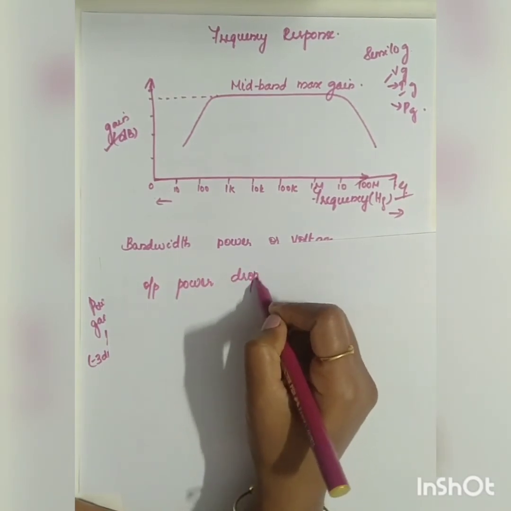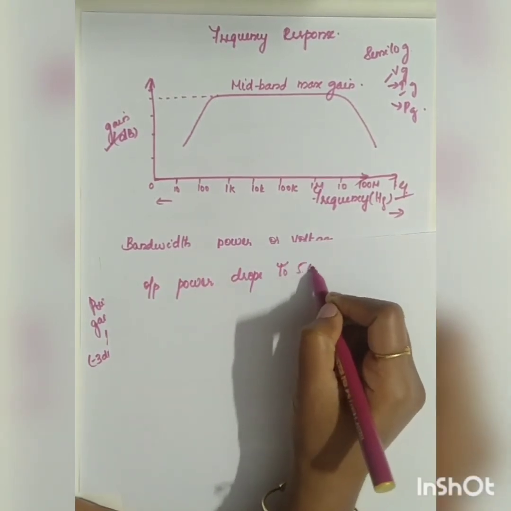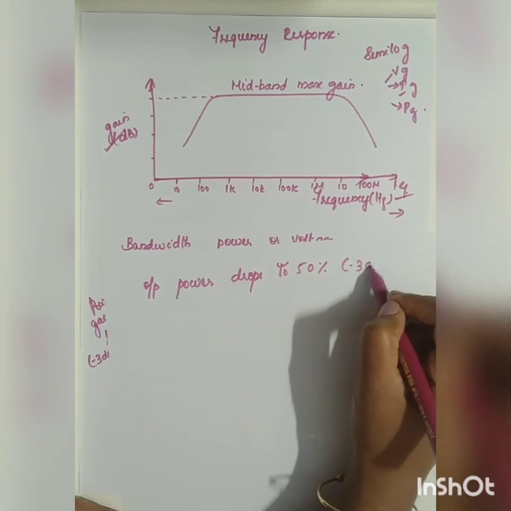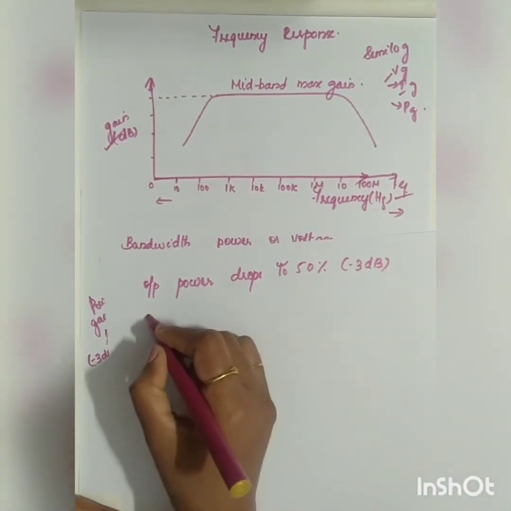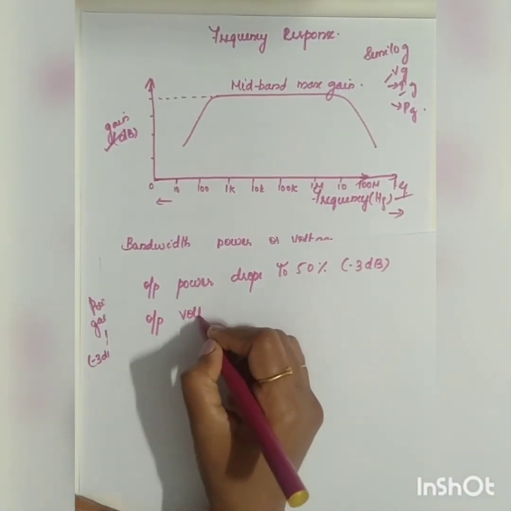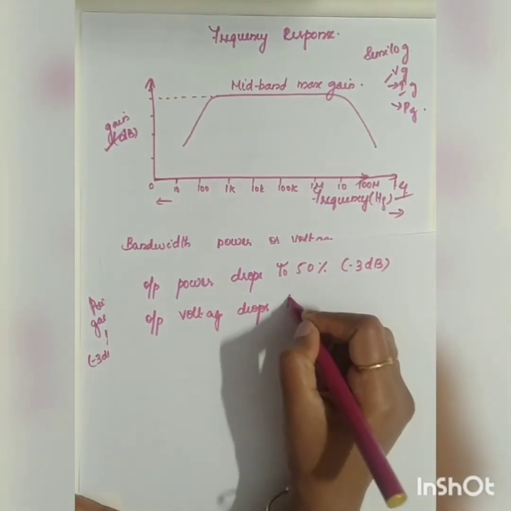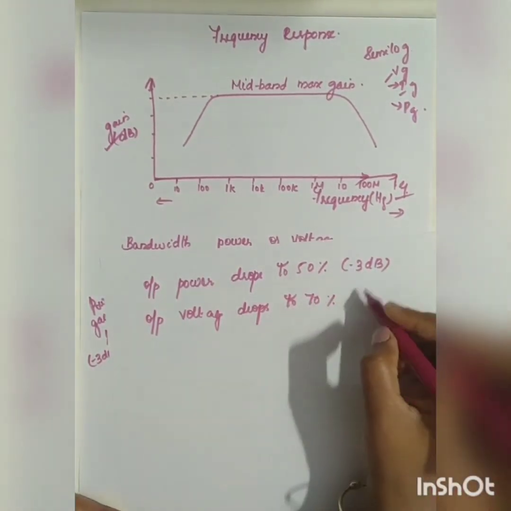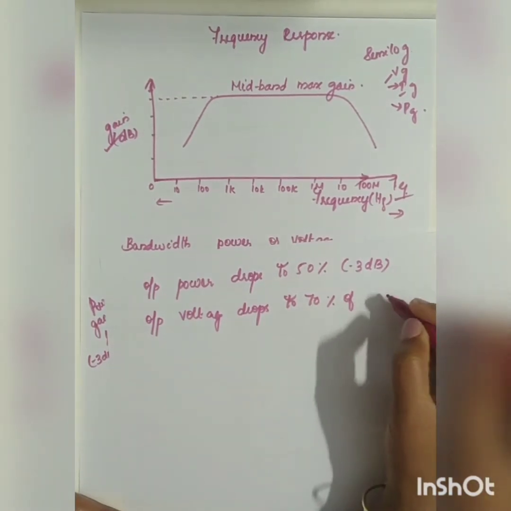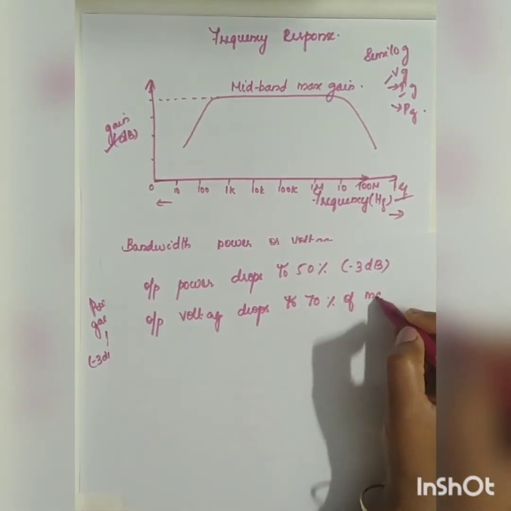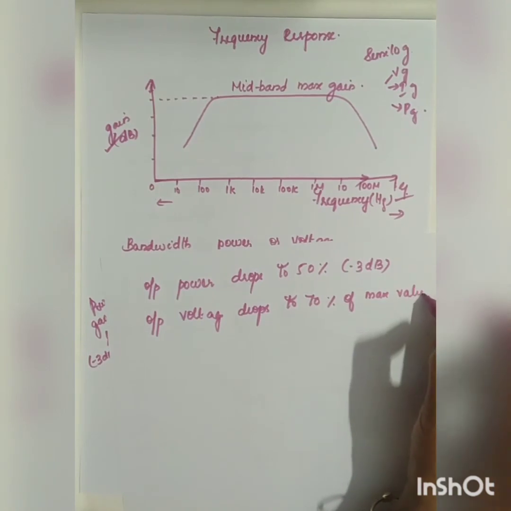So I can tell that for power gain, the output power drops to 50% at the minus 3 dB point, and your output voltage drops to 70% of the maximum value, which is equal to minus 3 dB.